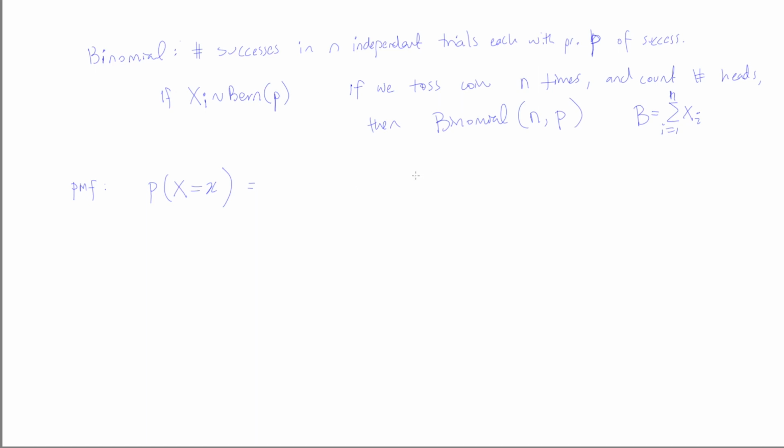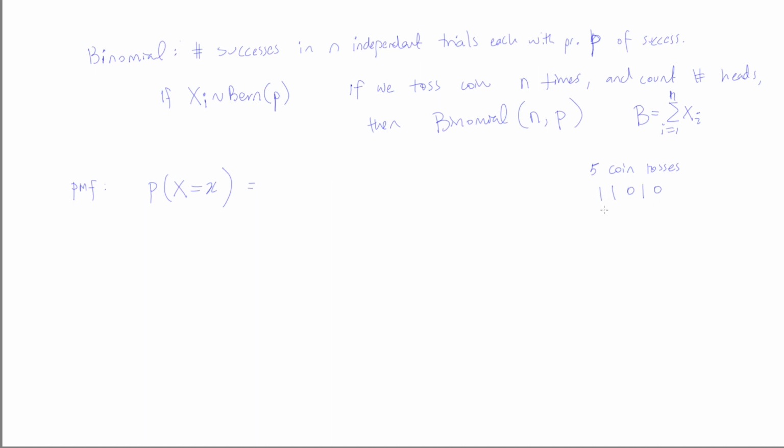Well, let's think about it. Let's imagine that you did five coin tosses, and you saw the outcome 1, 1, 0, 1, 0. So this is a head, head, tail, head, tail. What is the probability of this happening?